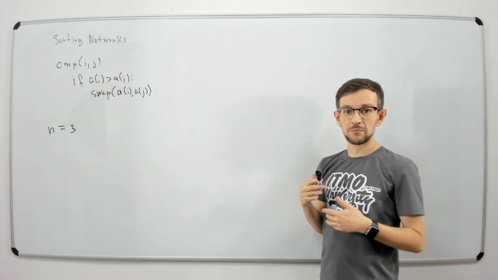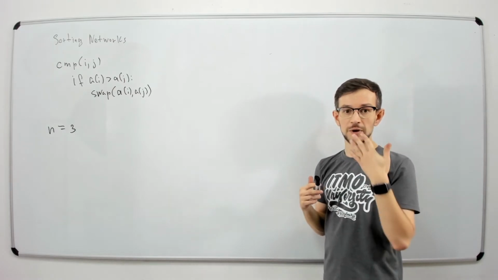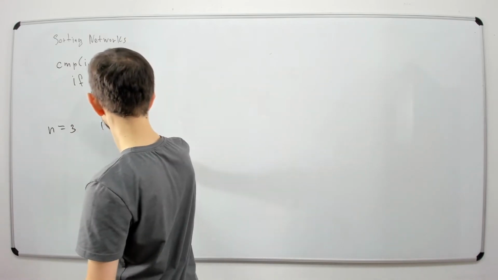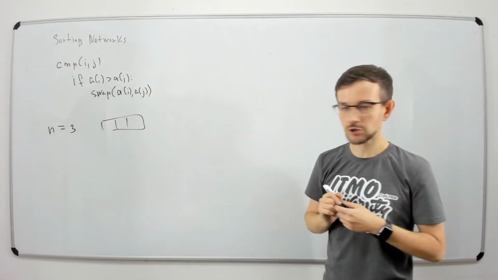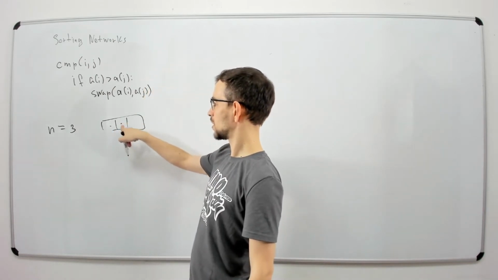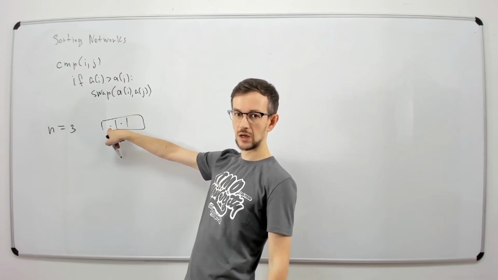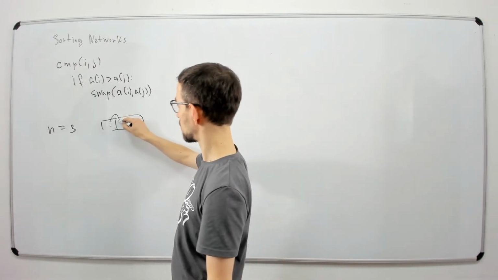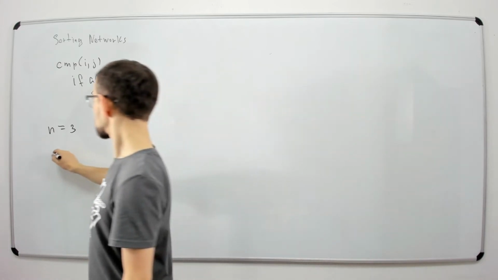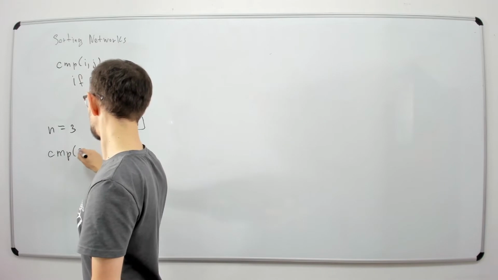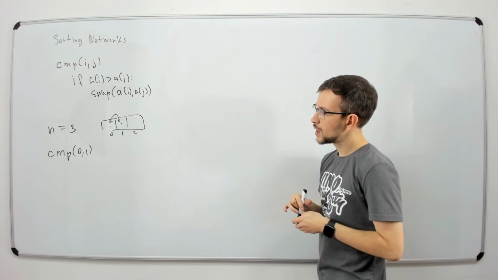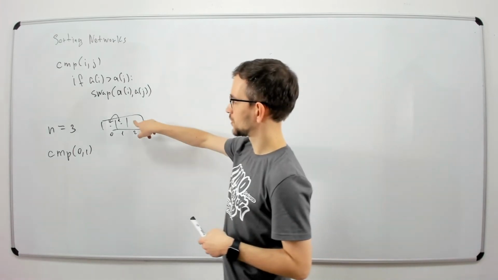Let's implement, for example, insertion sort. How to make the insertion sort? Again, you have 3 elements. First you compare the first 2 elements, and if the second element is less than the first element, you swap them. Let's say indices 0, 1, and 2. So first you call CMP of 0 and 1. And now you need to insert element 2.